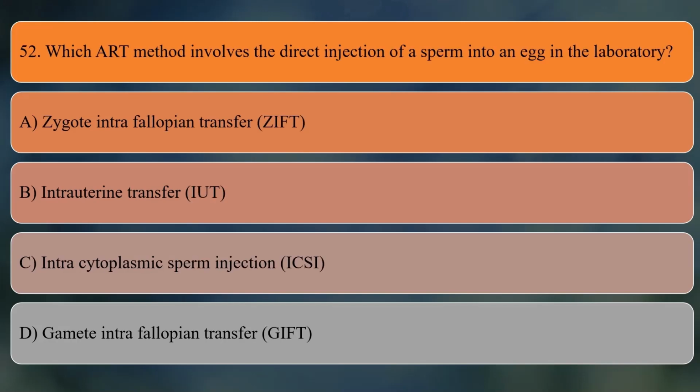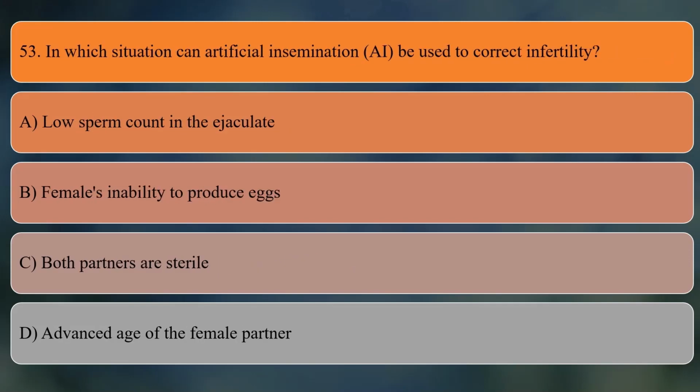Which ART method involves the direct injection of a sperm into an egg in the laboratory? In which situation can artificial insemination, AI, be used to correct infertility?